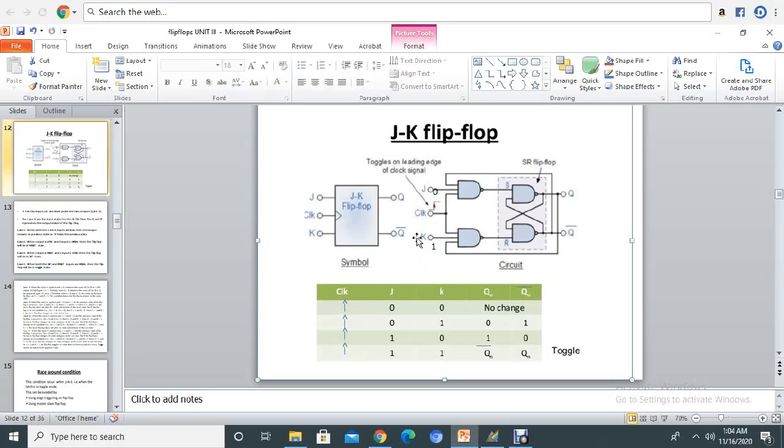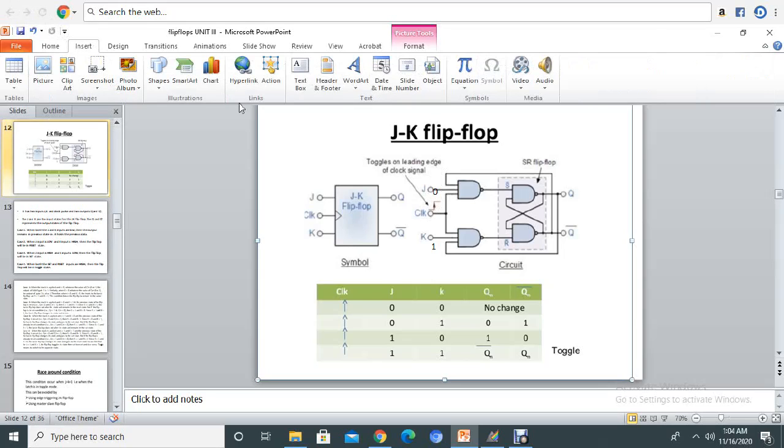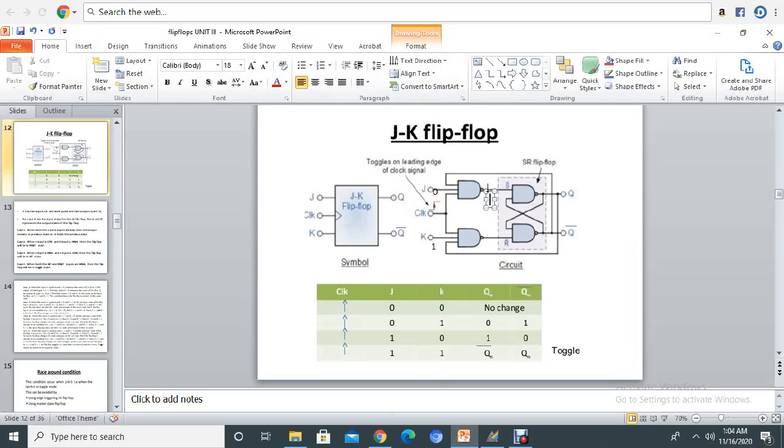Now I am applying clock pulse. In this NAND gate, one of the inputs is 0. So if any one of the inputs is 0, then the output will be 1. So the output of the first NAND gate will be 1.